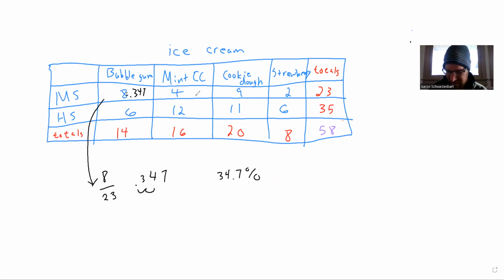Okay. This next one I do 4 out of 23. And I get 0.173. That's a decimal point, not a high point. Cookie dough, I do 9 divided by 23. And I get 0.391.